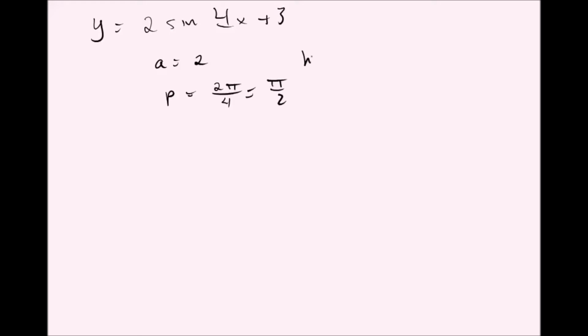We need to find the horizontal shift. In this case, there's no minus h, so the horizontal shift doesn't exist. It's just 0. And the vertical shift, the plus k is actually here, so the vertical shift is going to be plus 3. So k equals 3. That's the vertical shift. That's step 1.